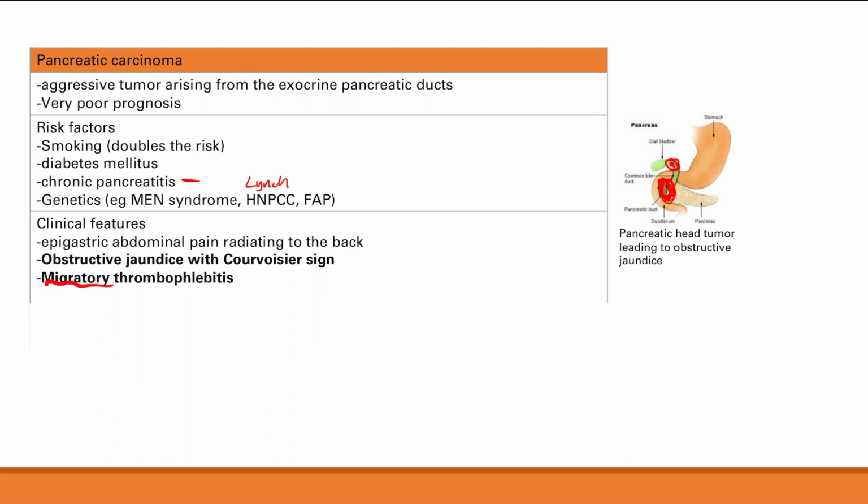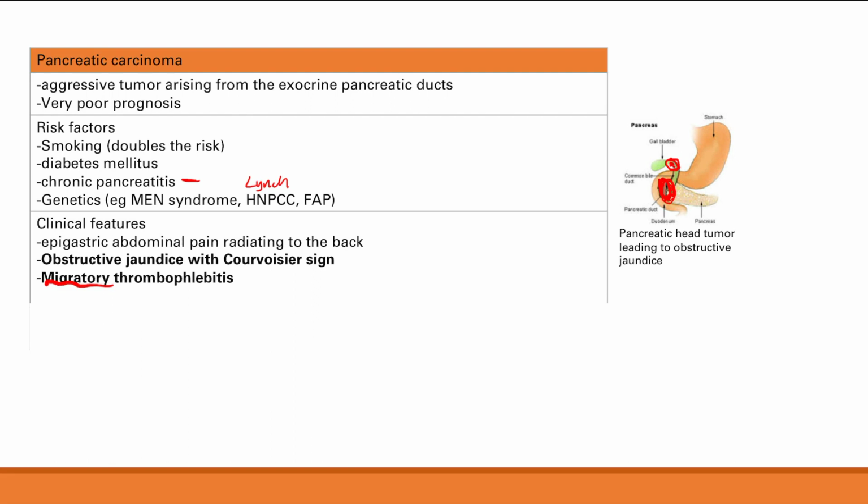So these little blood clots basically present like a mini DVT. How does DVT present? Inflammation, swelling, erythema, tenderness. Okay, that's migratory thrombophlebitis. So now you know migratory thrombophlebitis, Courvoisier sign with obstructive jaundice, and epigastric abdominal pain are all characteristic of pancreatic cancer.